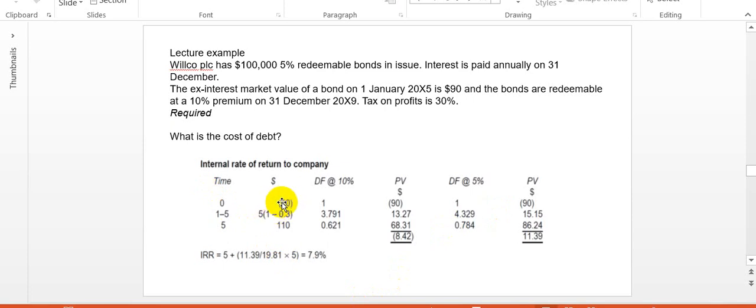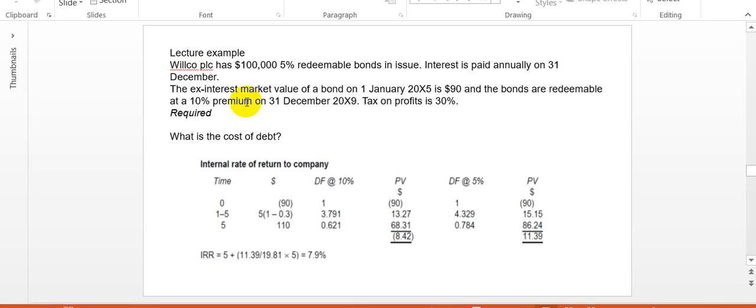So here's 0. The value at the beginning of the bond, which will be in brackets. Then the bond is redeemable at 10% premium. Let's take a pause here.